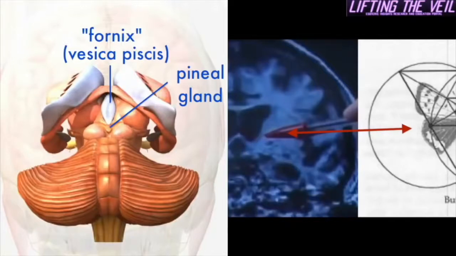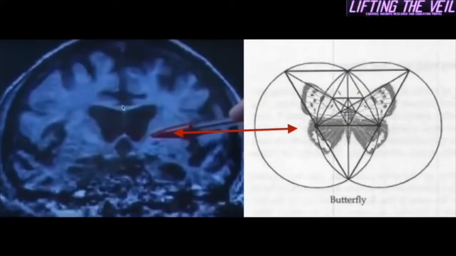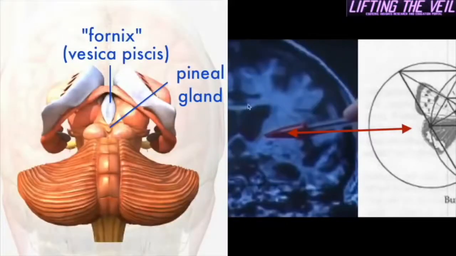And I'll show that geometry here in a second. But what we can see is the vesica piscis related to the geometry of a butterfly. So again, the vesica piscis relating to the innermost chamber, the first, second, and third ventricles of the optic thalamus.